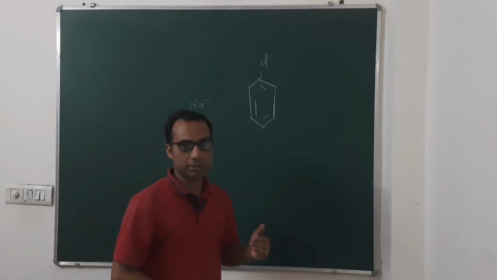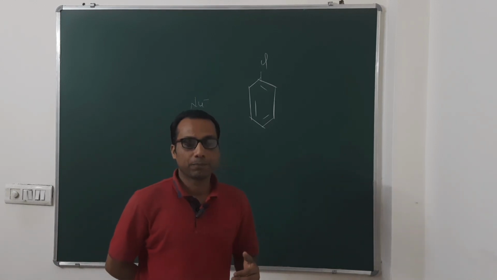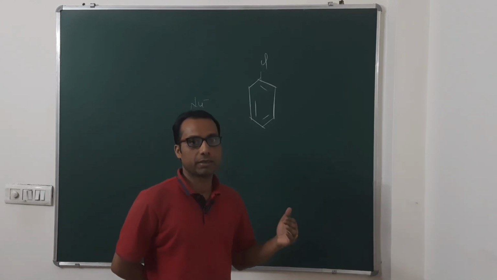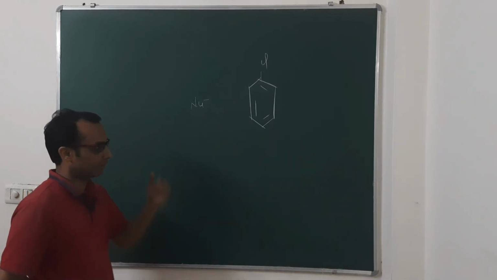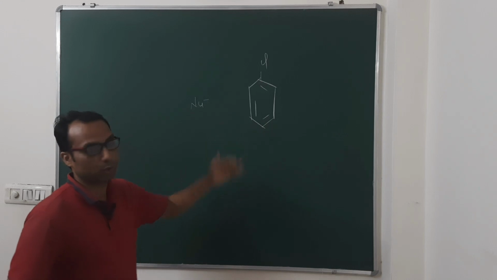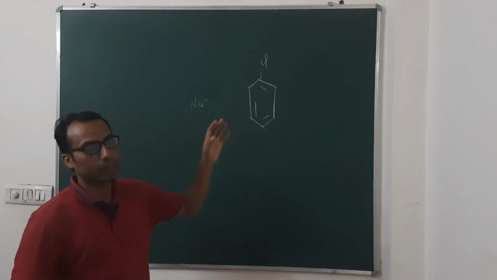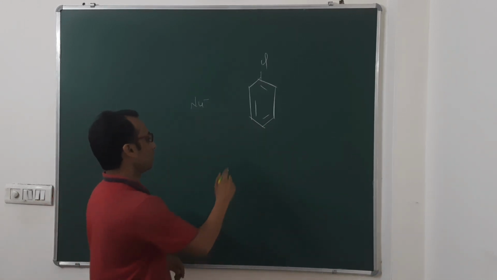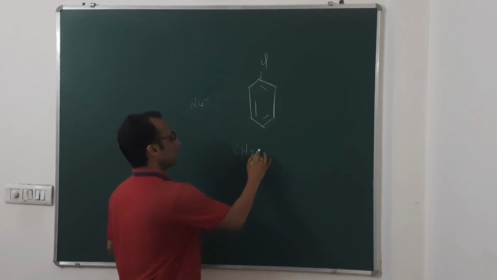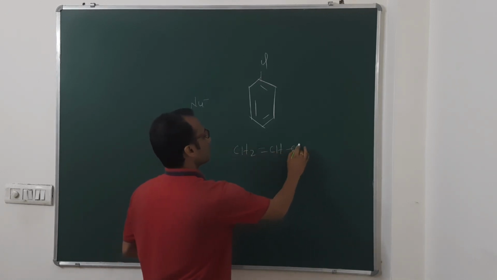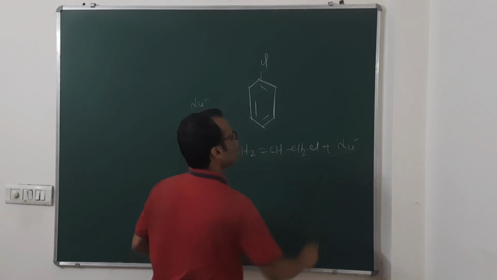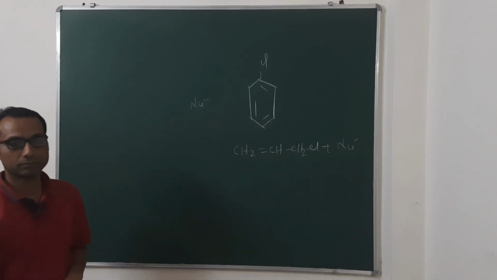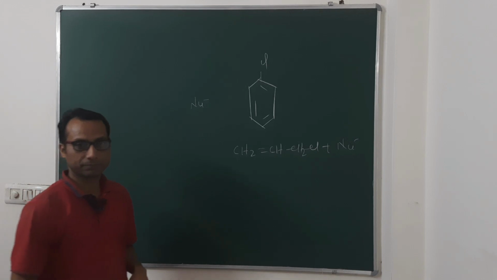So what is my question here? Why are unsaturated or any such compounds not easily involved in nucleophilic reactions? You can see here also CH2=CH-CH2Cl is not easily involved in nucleophilic reactions at normal conditions.